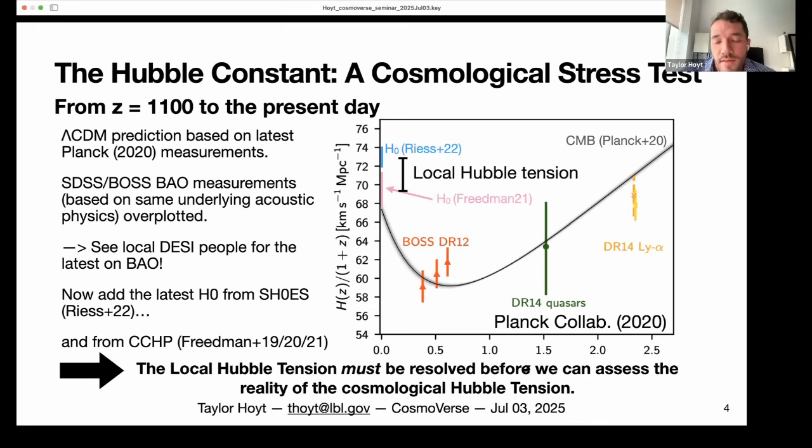And then if we add the Hubble constant measurement from the CCHP, this is the value from Freedman 2021, we see what I spend most of my time thinking about, and it's what I refer to as the local Hubble tension, or a tension within the tension. This is the disagreement between the values of the Hubble constant from the Cepheid supernova distance ladder and the TRGB supernova distance ladder.